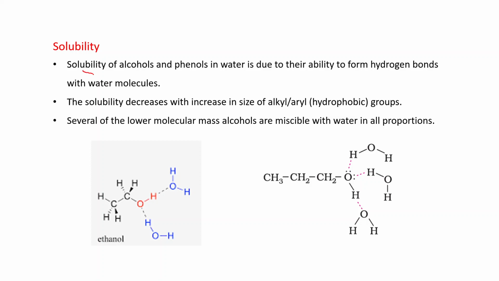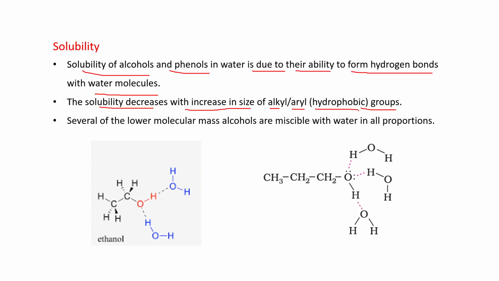Solubility. The solubility of alcohols and phenols in water is due to their ability to form hydrogen bonds with water molecules. The solubility decreases with increase in size of the alkyl or aryl group. Simply we can say, as the number of carbon atoms increases, the hydrophobic part increases.